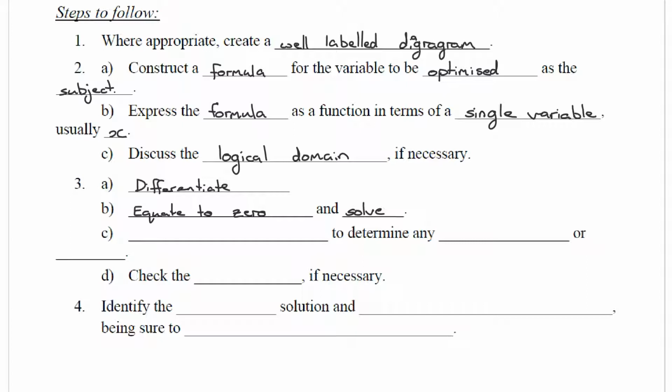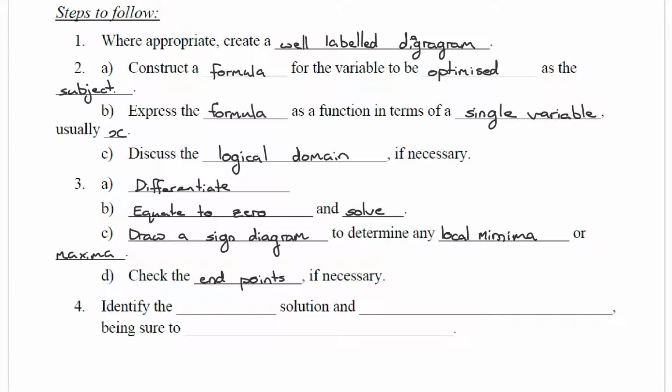Right, part C, draw a sign diagram to determine any local minima and maxima. And part D, check the endpoints if necessary. Reason being is that with the endpoints we might see values that are greater or less than the local maxima and minima. So just check all of your values.